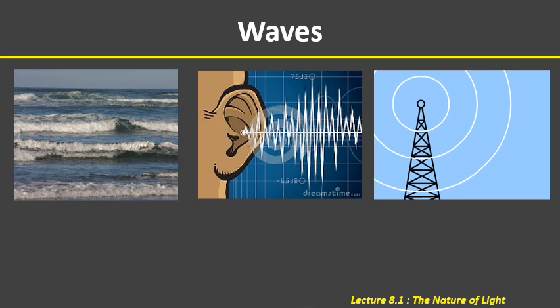There are sound waves, and radio waves are a couple of good examples. Radio waves, we'll see at the end of this video, are actually very similar to light. They're just a different kind of light in a sense. Anyway, all of these things have very similar properties because they're all different examples of waves.